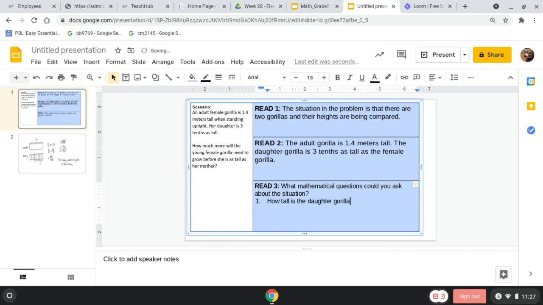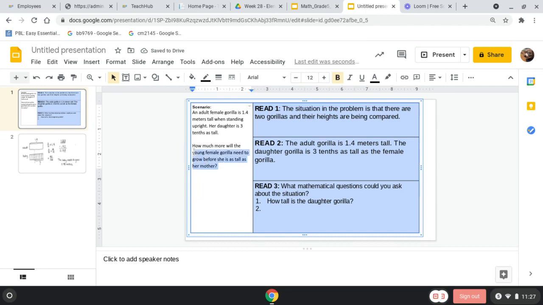Now, the problem states that the daughter gorilla is 3/10 as tall as her mom, but we don't actually know the height of that daughter gorilla. Another question that we can ask is, how much more will the young female gorilla need to grow before she is as tall as her mother? So let's put that.